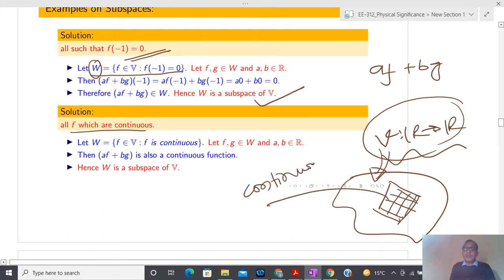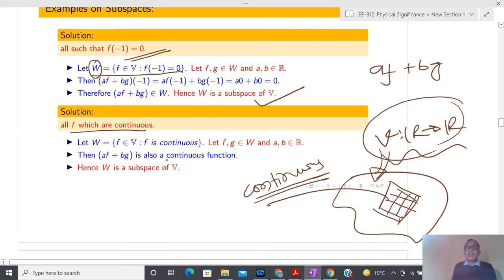Okay, again I will define the meaning of continuity. But during school time we have learned that if the left hand limit, the right hand limit, and the limit at that point are equal in the one dimensional plane, then whatever function or quantity I am considering is continuous. So the same definition I have used here. It is possible to show that if f and g are continuous functions, then af plus bg is also a continuous function.